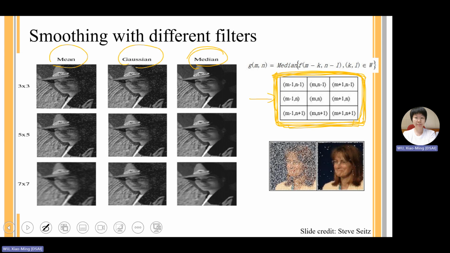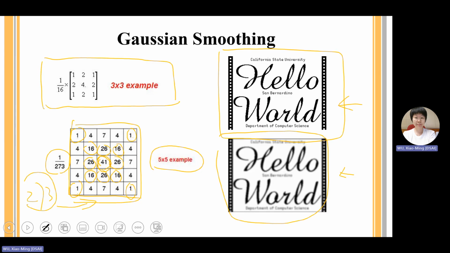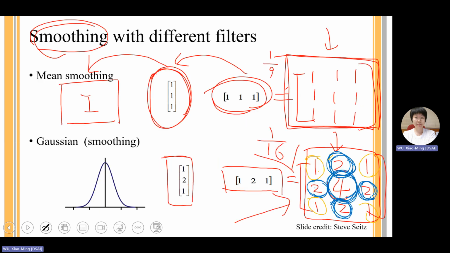Is the median filter linear? Is this a linear filter, just like the moving average filter, the mean filter, the Gaussian filter? Are Gaussian filters linear filters? Mean filter, moving average filter? Well, we already said that the moving average filter is linear.